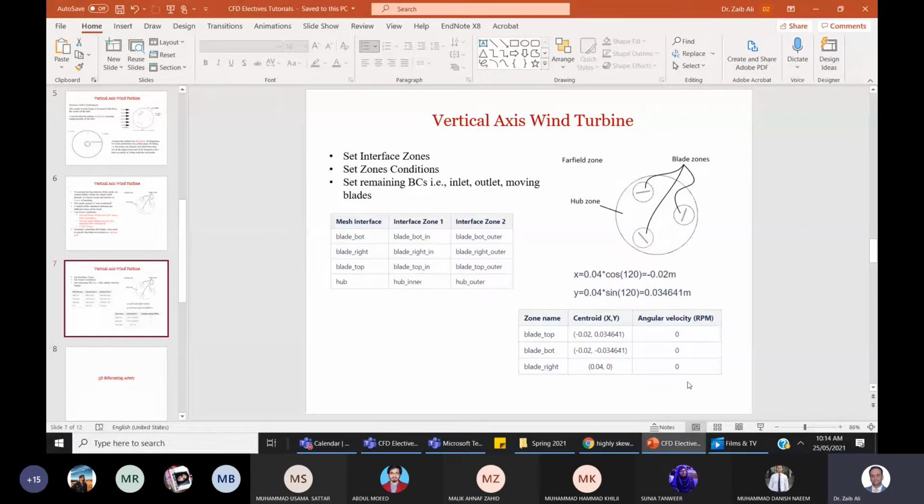But in the absolute sense, they will of course be moving with the same velocity as the hub zone. So here you need to prescribe the relative motion first, and the rotational axis origin for each of these zones, which is prescribed over here.